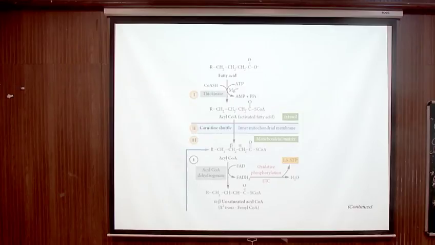So let us see oxidation now. What is this first step that I have shown here? Activation. Just to summarize, fatty acid will be activated by the enzyme thiokinase or fatty acyl coenzyme A synthetase, and it's converted to acyl coenzyme A. What is the intermediate? Acyl adenylate.